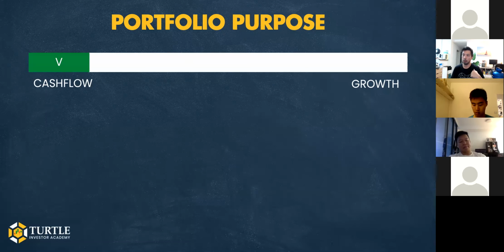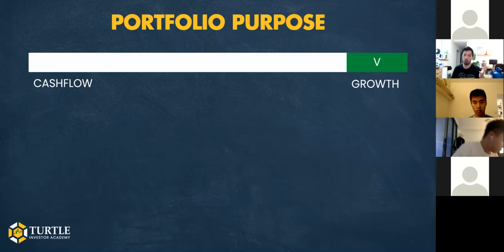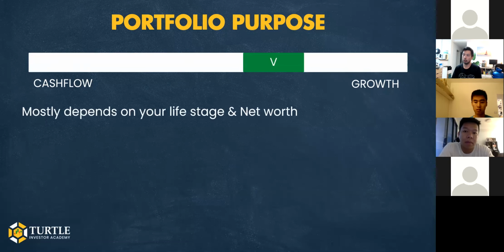Or you can say, hey, I want to turn the dial more towards a growth portfolio. That could be done as well. And of course, it doesn't need to be one end or the other; it can be tweaked to be in the middle. All of this mostly depends on your life stage and net worth.